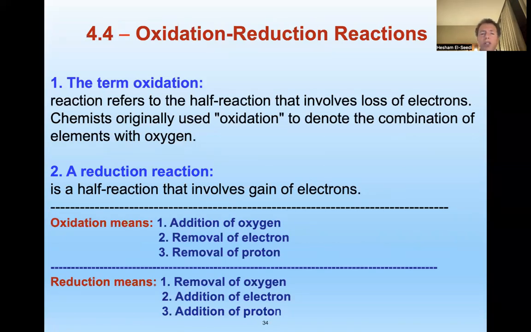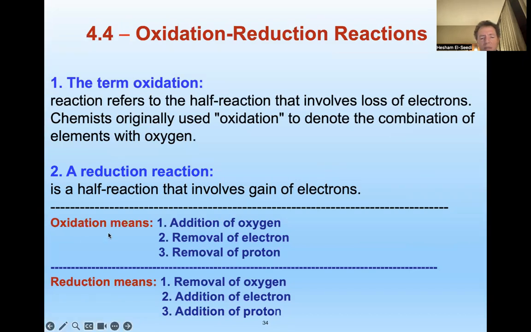So the term oxidation means that the reaction refers to half reactions that involve loss of electrons, right? So this will give you the meaning of oxidation, the combination of elements with oxygen, right? And reduction reaction is a half reaction that involves the opposite way, gain of electrons.